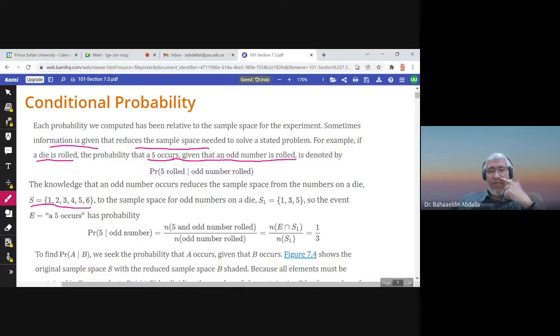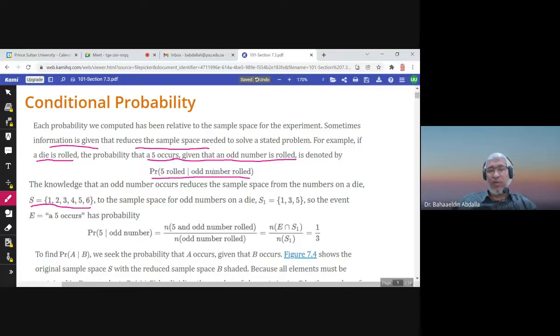So now I have this information that an odd number is rolled. So if an odd number is rolled, we write it like this, okay? The probability that 5 is rolled, given that an odd number is rolled.